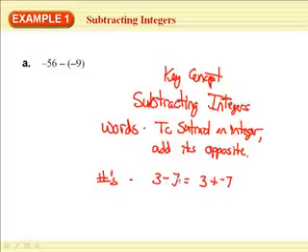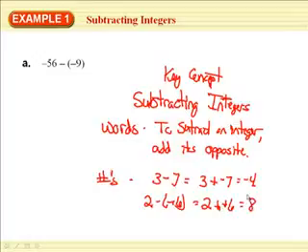So subtracting is the same as adding the opposite. And the answer is negative 4. So check out in the numbers 2 minus negative 6. So you say it's 2 minus, so subtracting is the same as adding the opposite of negative 6, which is positive 6, which would be 8.